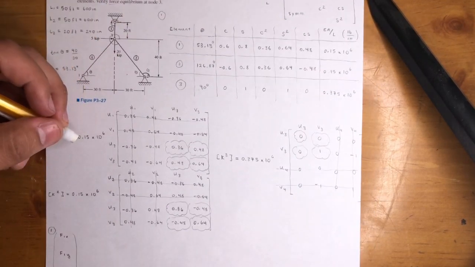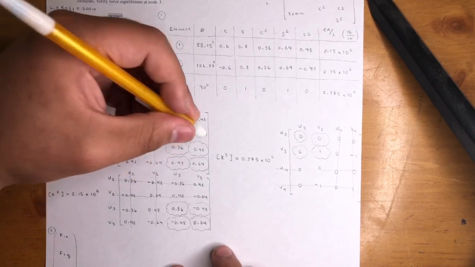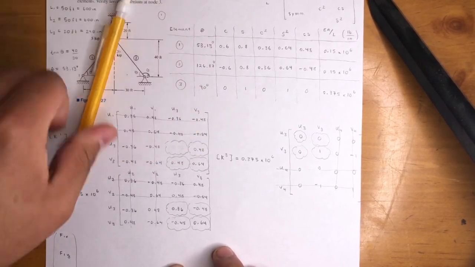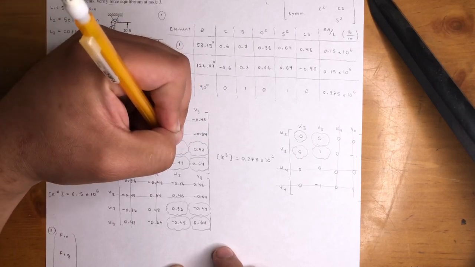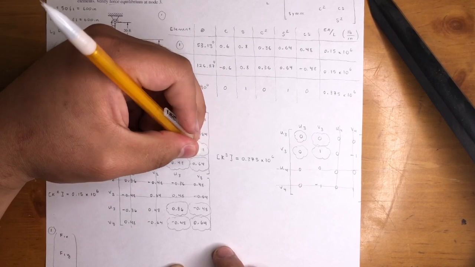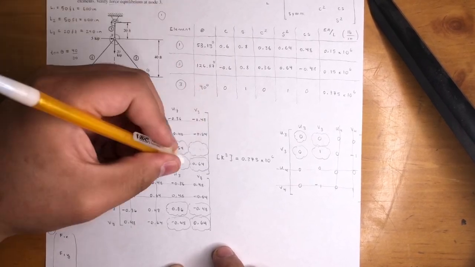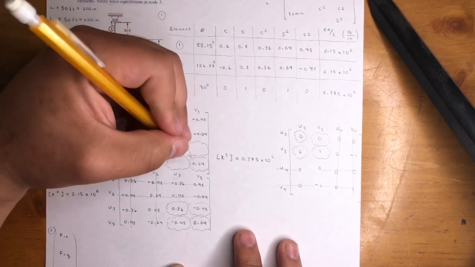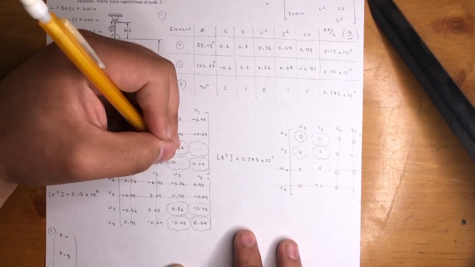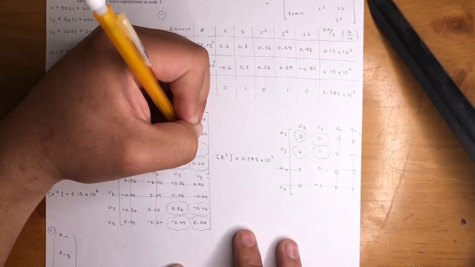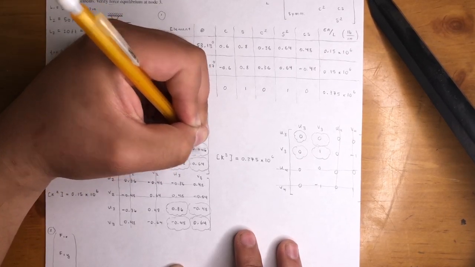So if you do that, 0.15 times 0.36, that's going to give you 0.054. For 0.48, there's 2 of them. Sorry if the camera's shaking. My desk is pretty small. If you multiply 0.15 times 0.48, you will get 0.072 on both of them.